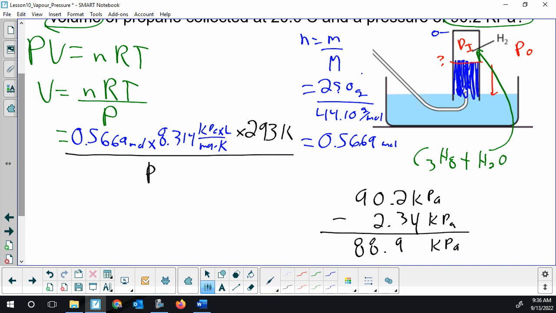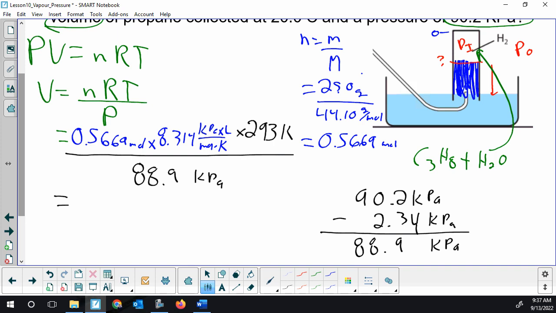So I've rounded that. You'd want to keep 87.86. So our pressure of just propane, 88.86. You've got a lot of calculation in your calculator to try to pull down all those extra digits. I've rounded a little bit, but you have to not do that until the very end.